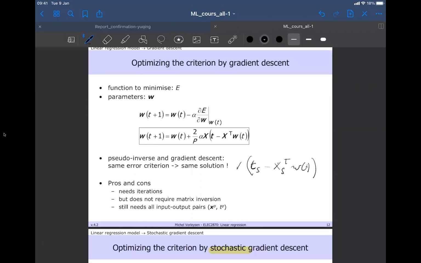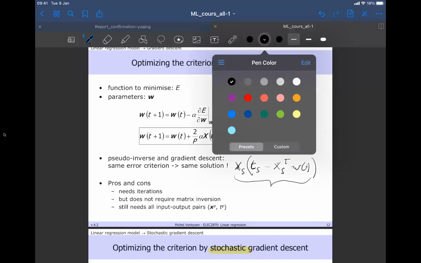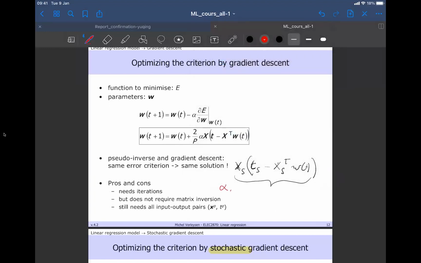So this would be the gradient of the sampled set. So it's not all my points, but just some points. And I do my learning rate times this gradient, and this is what I will use at each time step t.